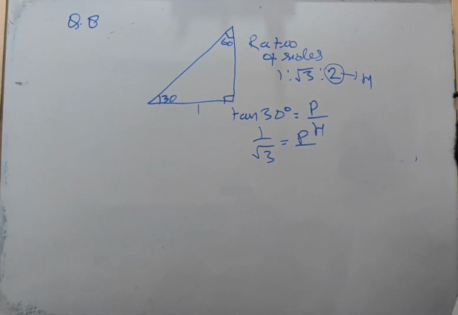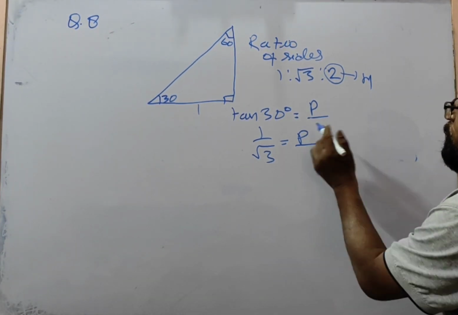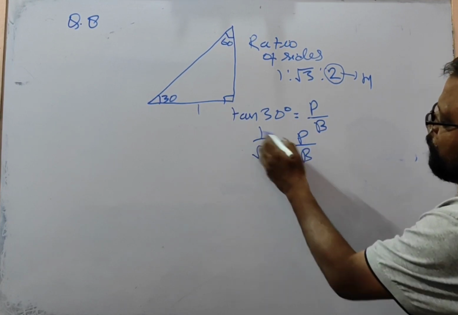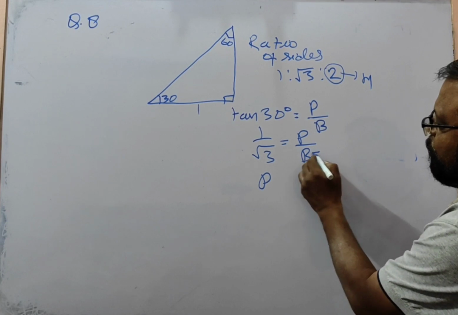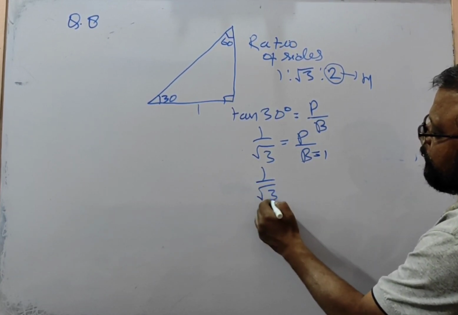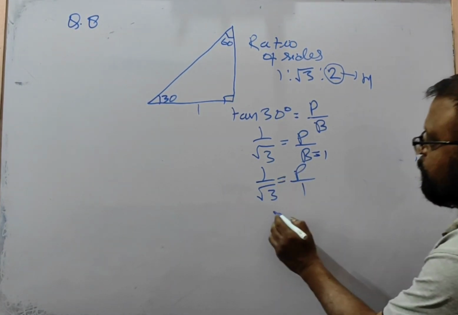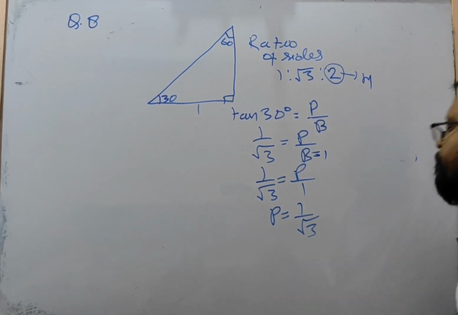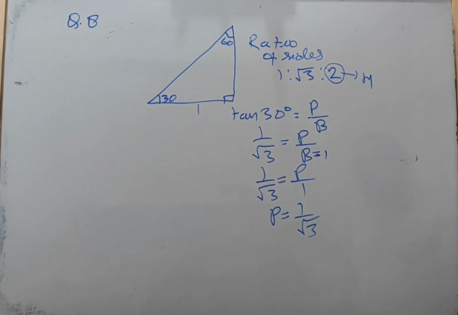So we can write 1 upon root 3 is equal to P upon 1, right? So P is equal to 1 upon root 3.